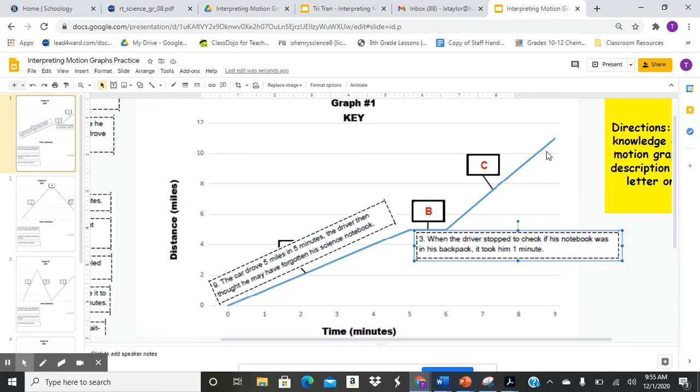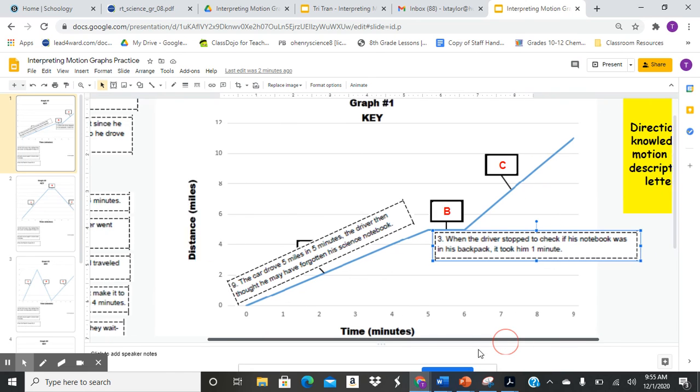So from 5 miles to 11 miles, that is 6 miles. And then it went from 6 minutes to 9 minutes, which is 3 minutes. So in my description, I'm looking for a description that says an object moved 6 miles in 3 minutes away from the starting point. So an object that's not going backwards, but moving forward for 3 minutes, that moved forward 6 miles in 3 minutes.